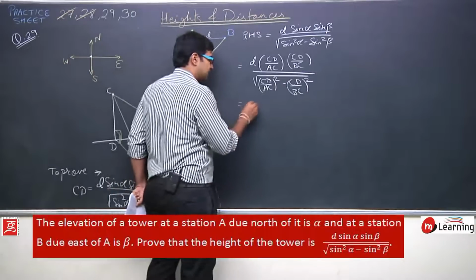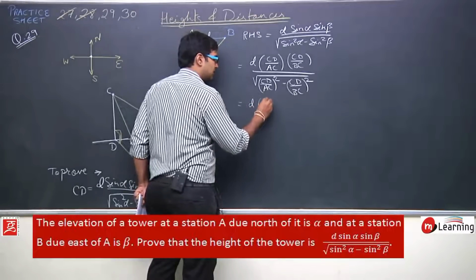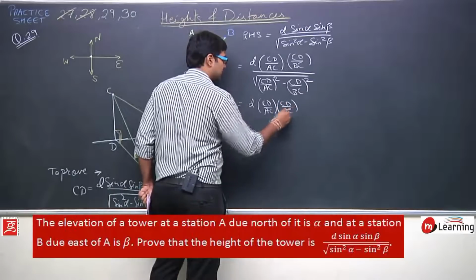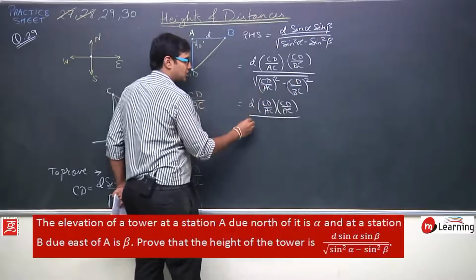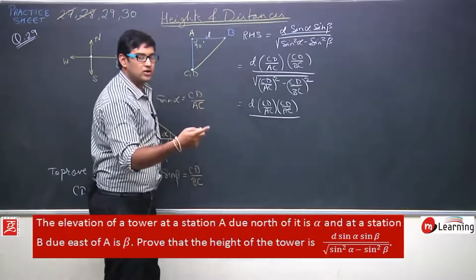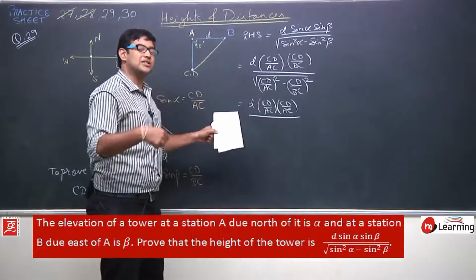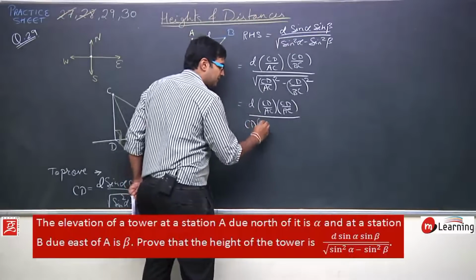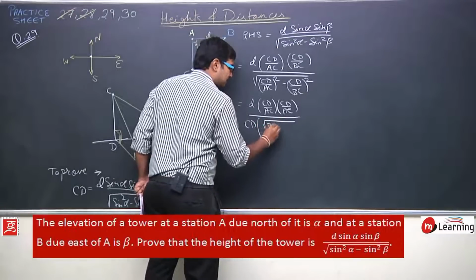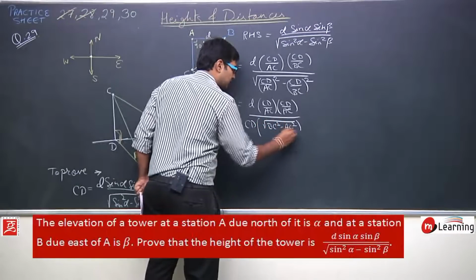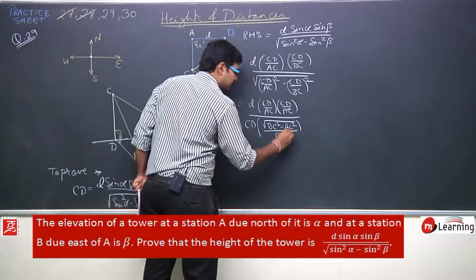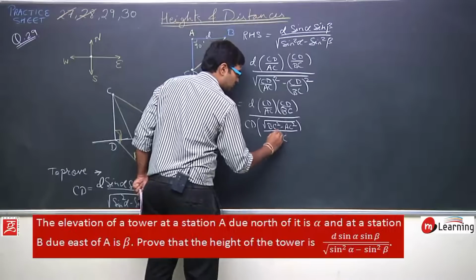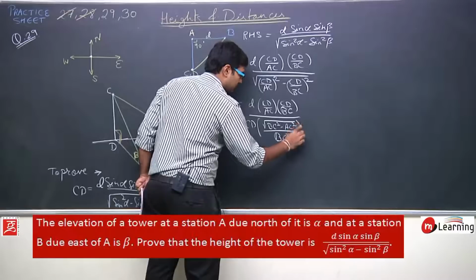Now simplifying this will give you d into CD upon AC times CD upon BC whole upon, now you will take CD as common, so CD square will come out in the square root, and when you square root CD square it will give you CD. So CD will finally come out, and in the bracket you will be left with square root of BC square minus AC square upon BC into AC. Okay, this is what you will get.